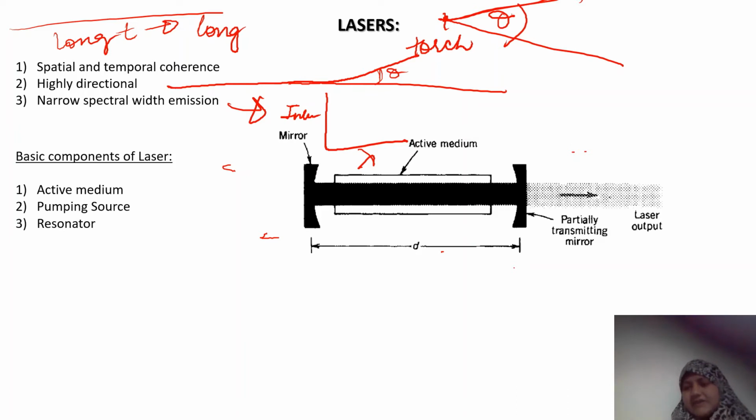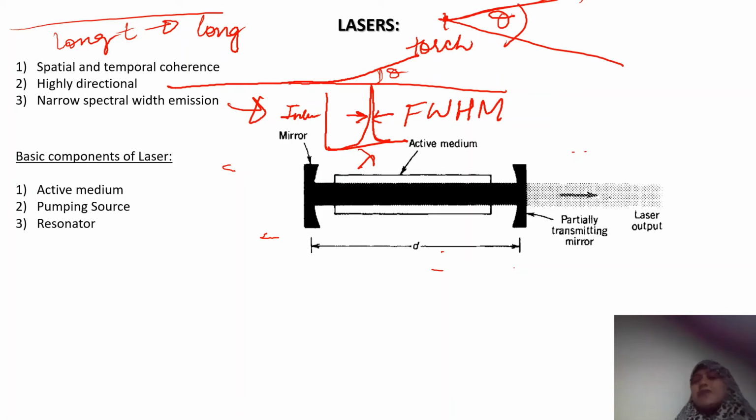Say this intensity is in arbitrary units. So it will be very intense. Laser lights are very intense, and quite narrow as a function of wavelength. So this full width half maxima, by now I think you must know what is the meaning of full width half maxima.